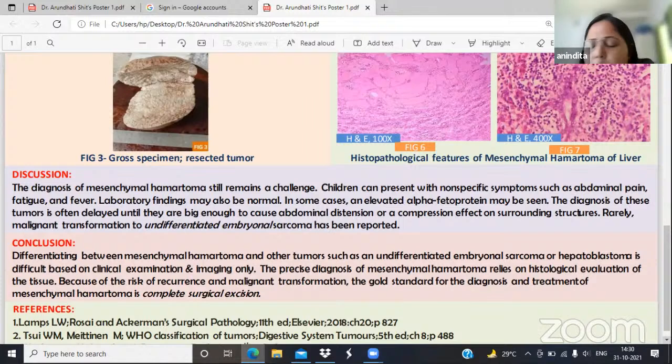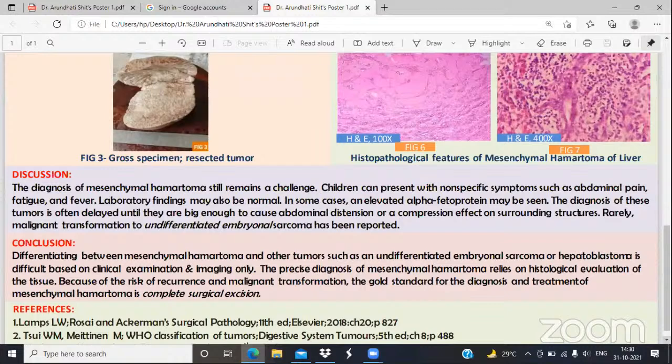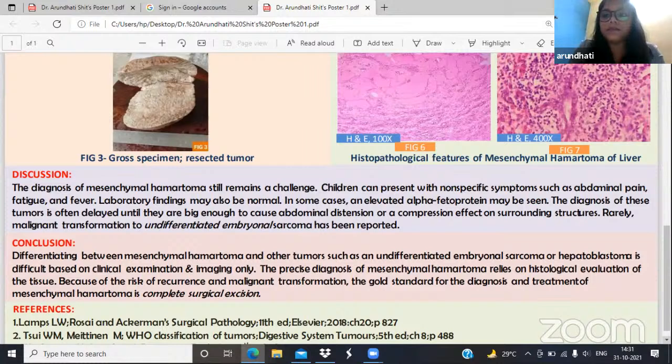Okay. Can you tell me, Arundhati, what is the origin of hepatocytes within this mesenchymal hematoma? Yes, you told me now that there are hepatocytes within it. Sir, ma'am, hepatoblasts are also seen. Okay, hepatoblasts, but what is the origin?